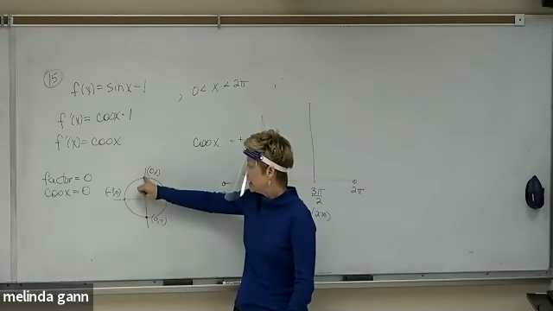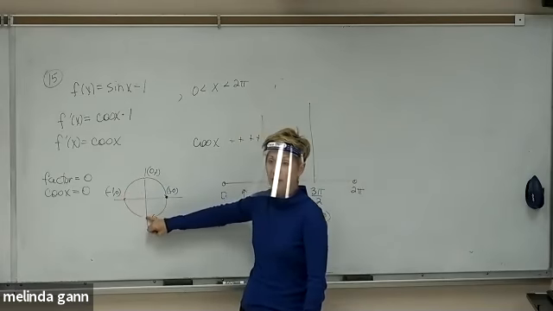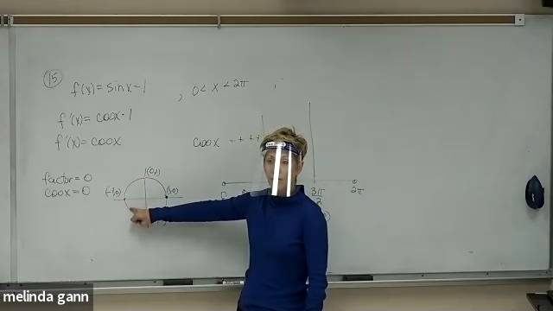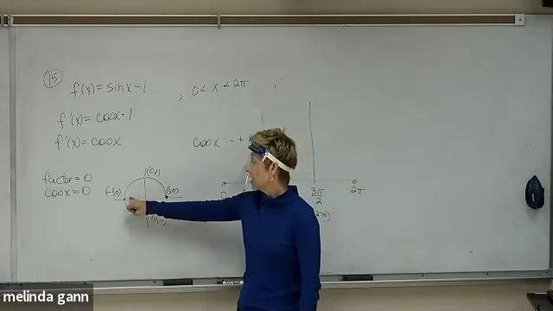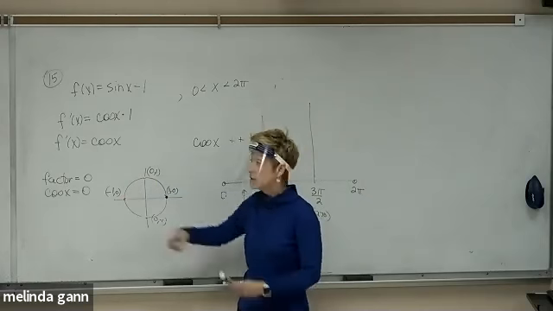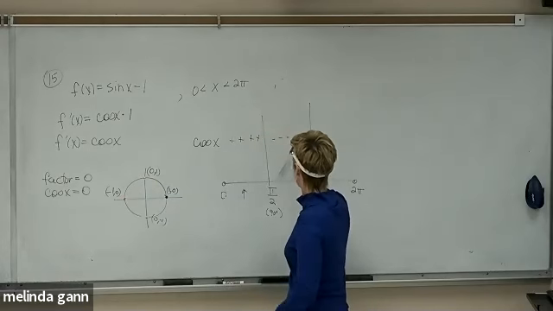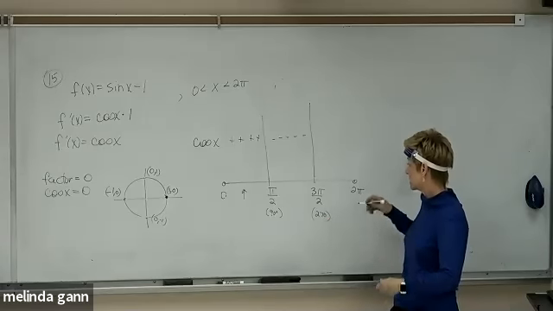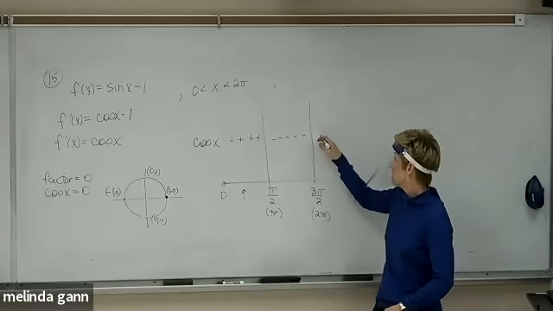If cosine's your x coordinate, what's your x coordinate here and here? Wouldn't you have to go left to do a point? Negative. Between 270 and 360, it's going to be positive again.